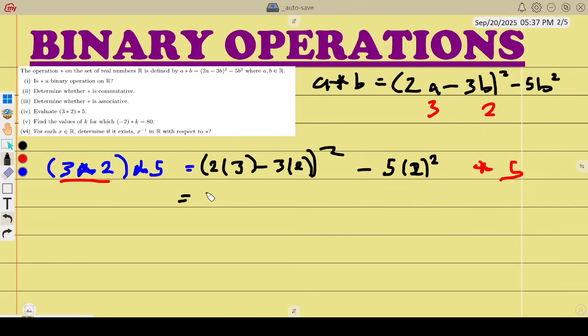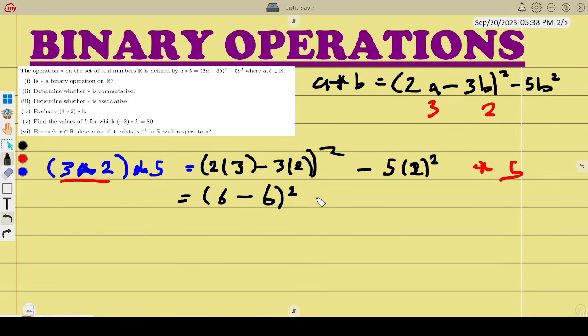So here we have 6. 2 times 3 is 6. And then minus 3 times 2, this is also 6. The solution doesn't look okay, but we go with what we have.